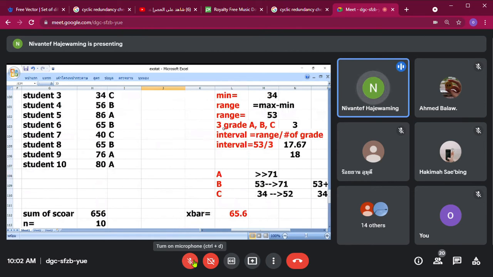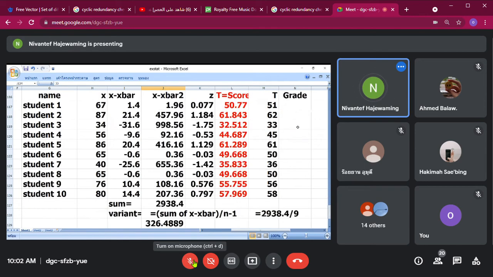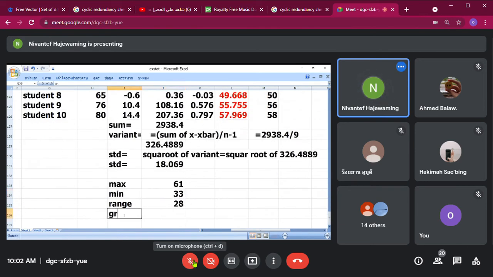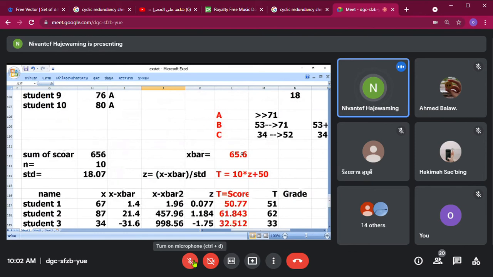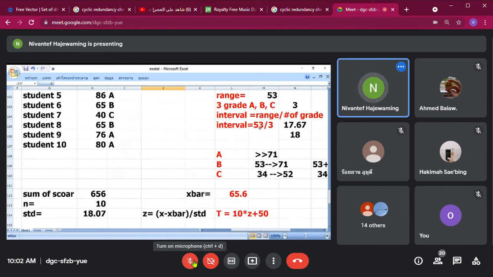But you want three grades: A, B, C. The interval of your grades is the range divided by the number of grades.